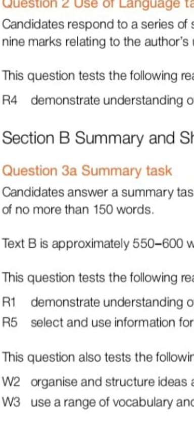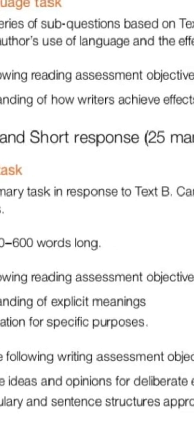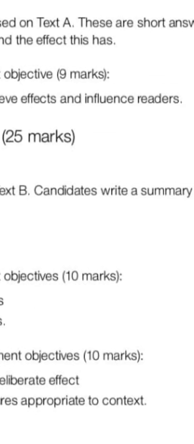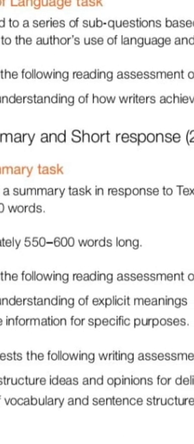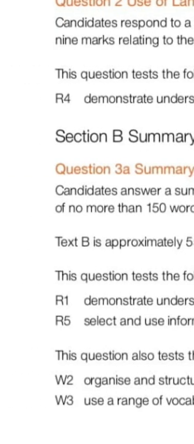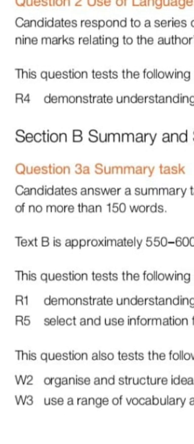Now this question also assesses your writing objectives, your writing skills. This question also tests the following writing assessment objectives and 10 marks. Summary writing or summary task has 20 marks. So W2 means writing AO number 2.